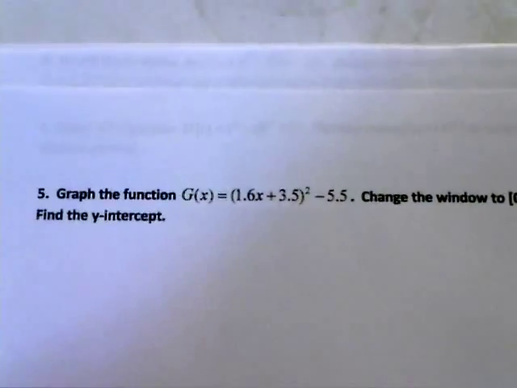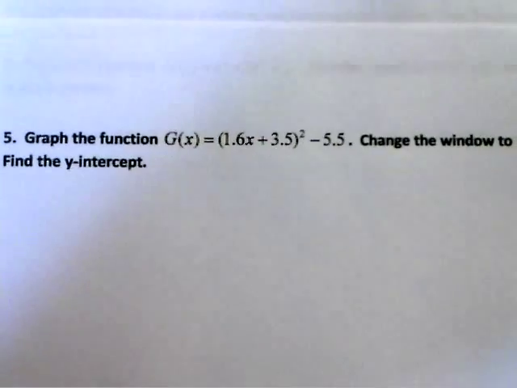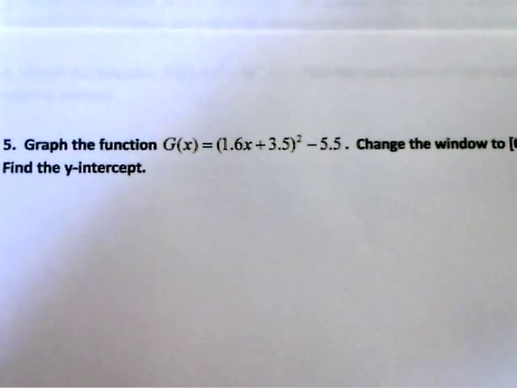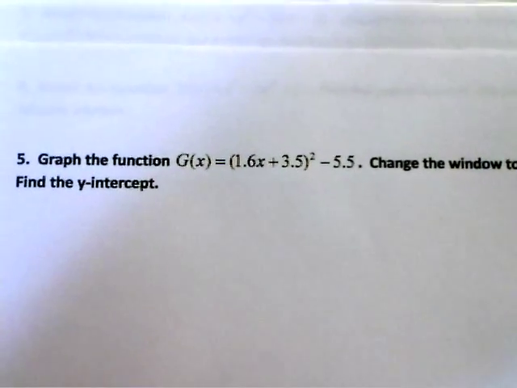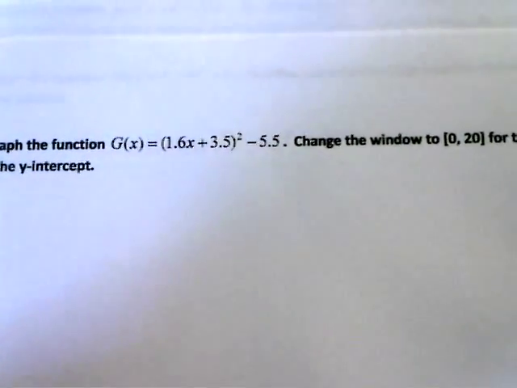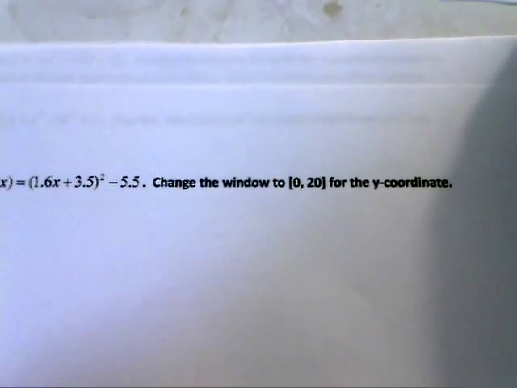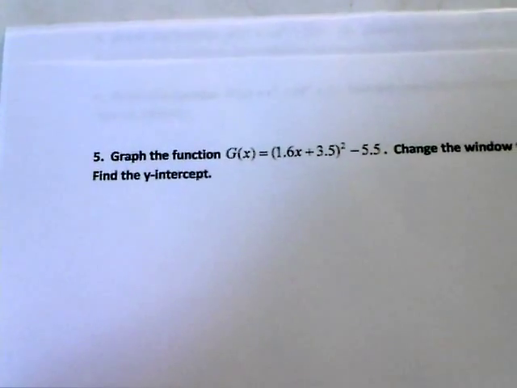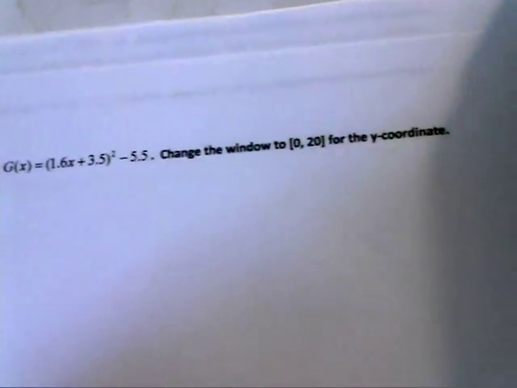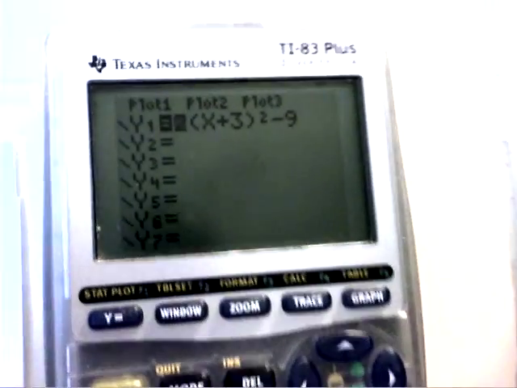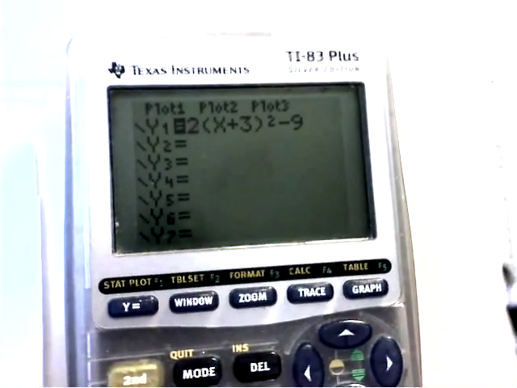Alright, number 5. Here we want to graph this function, g of x is equal to the quantity 1.6x plus 3.5 squared minus 5.5. Now the window for the y-coordinate, we're going to change that to 0, 20. And then we're going to find the y-intercept. So let's go to y equal and type in our new equation.